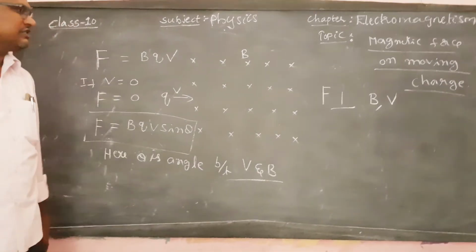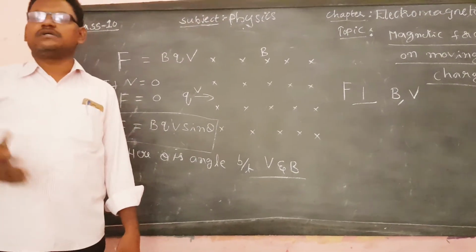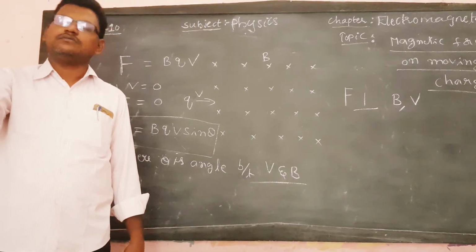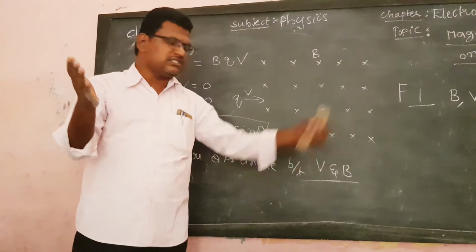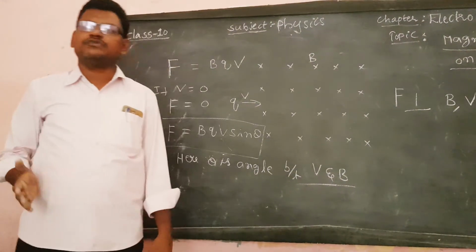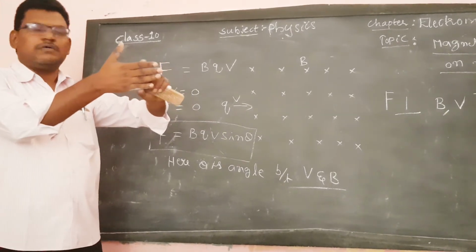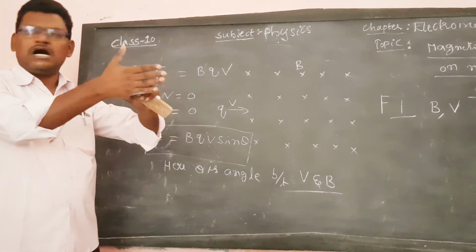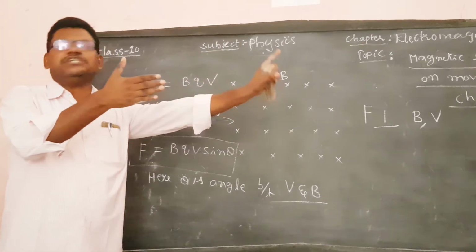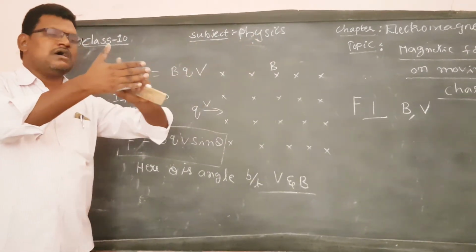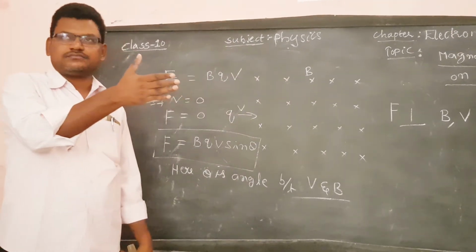To know the direction of the magnetic force, we use our right hand thumb rule. Take the fingers of the right hand in the direction of velocity of the charged particle, or else in the direction of motion of the charged particle.